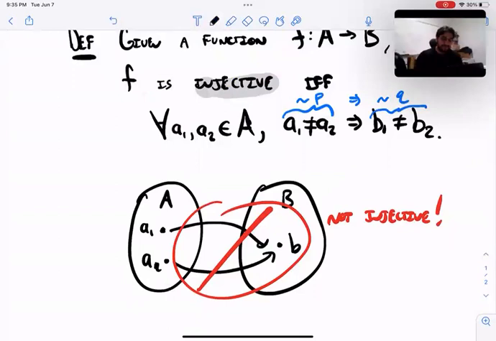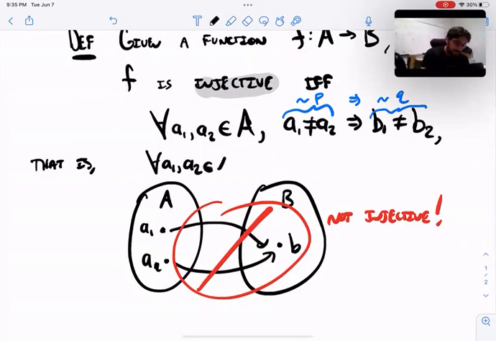We could clean up this definition. Here's a different way to write the definition of injective. We could apply what property from symbolic logic to clean up this definition. If you have not P implies not Q, what's a cleaner way to represent that? What's a logically equivalent statement to not P implies not Q?